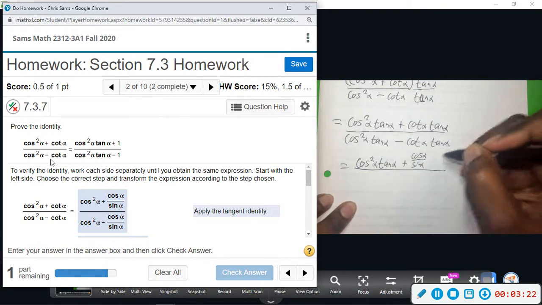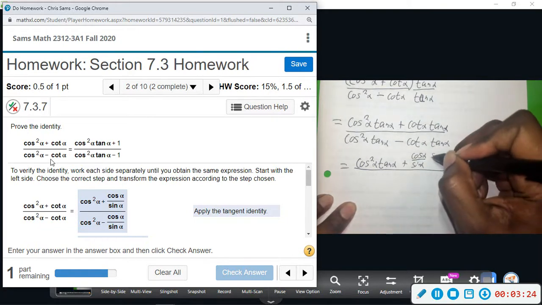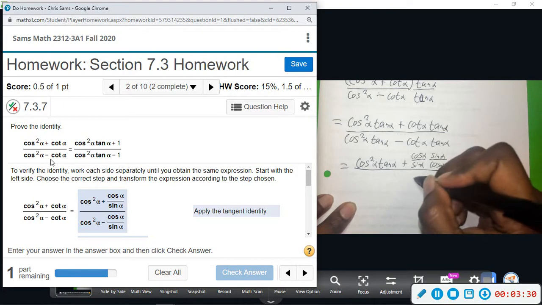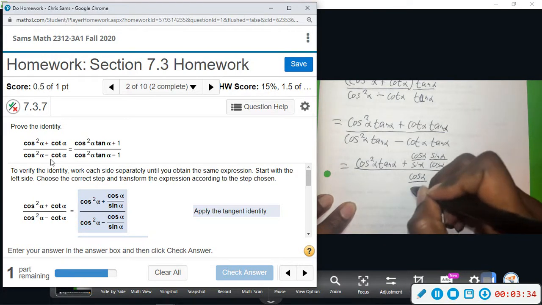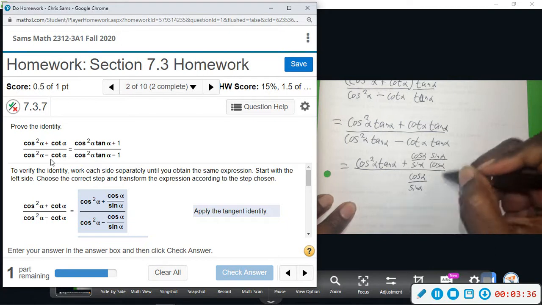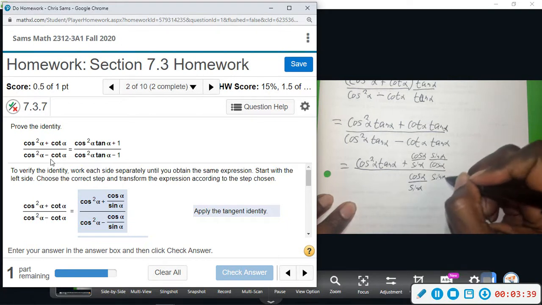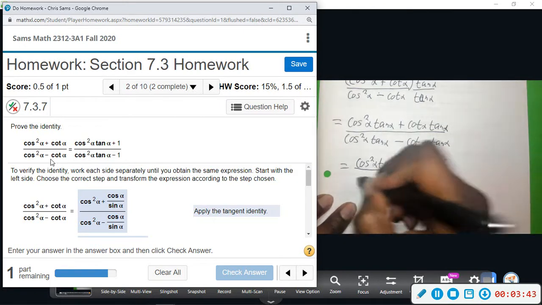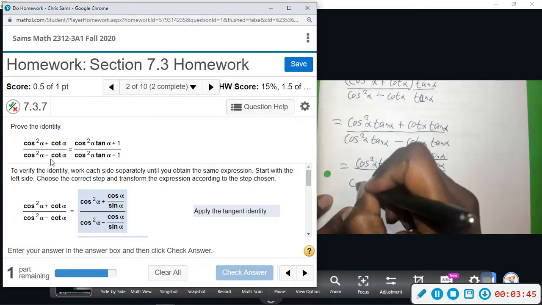That's what cotangent is equal to. Tangent is equal to sine alpha over cosine alpha. Same thing on the bottom. Cosine alpha, sine alpha, sine alpha, cosine alpha.